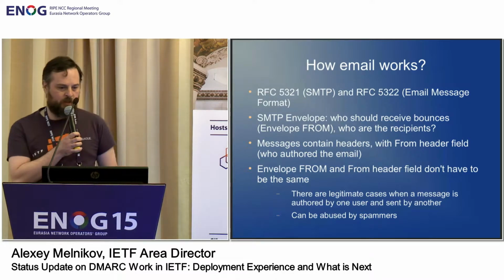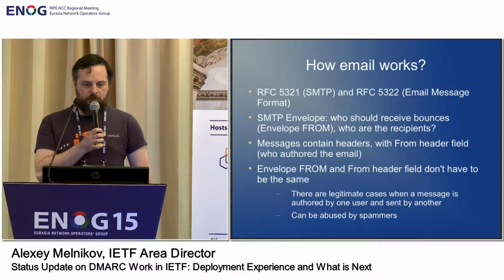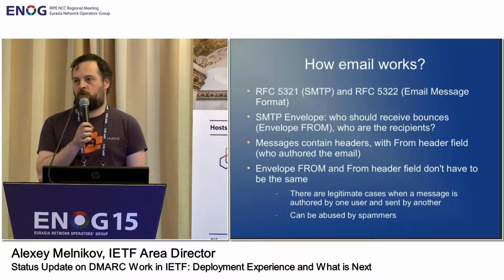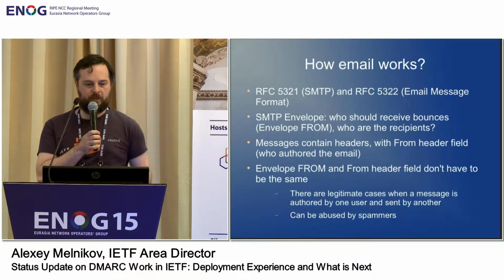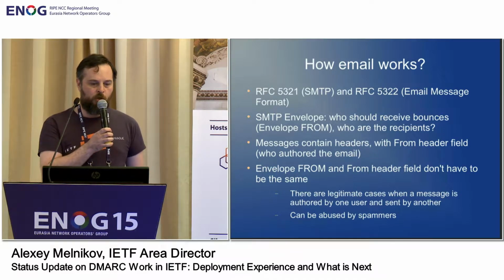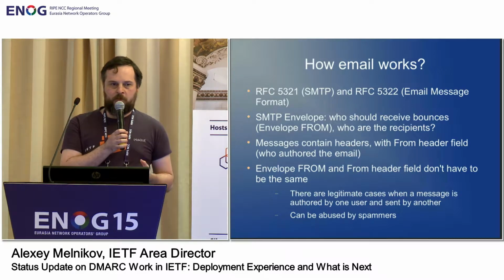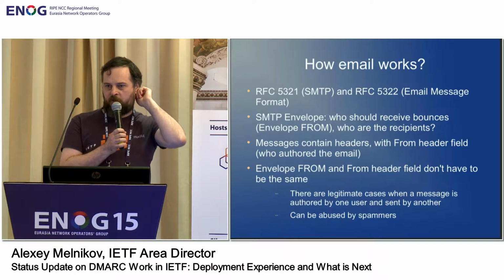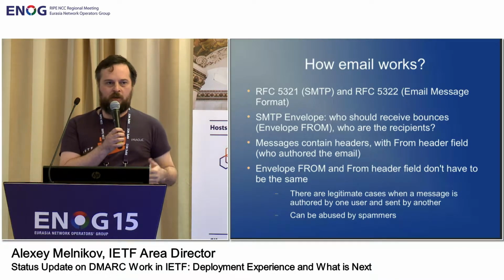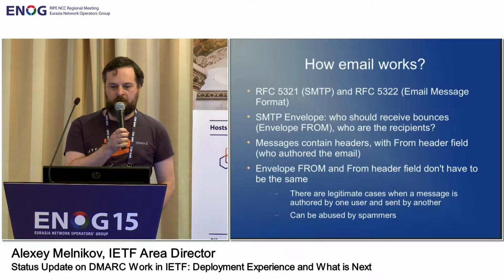So base email is described by two RFCs. RFC 5321 is SMTP, how to send email messages from senders to recipients, and RFC 5322 is about the email message format itself. When sending messages, there is the SMTP envelope, which describes information about transactions, where email is going and where the bounce messages should be sent.